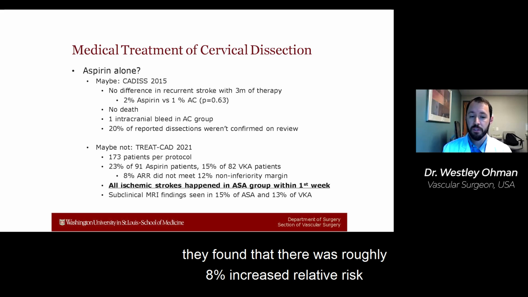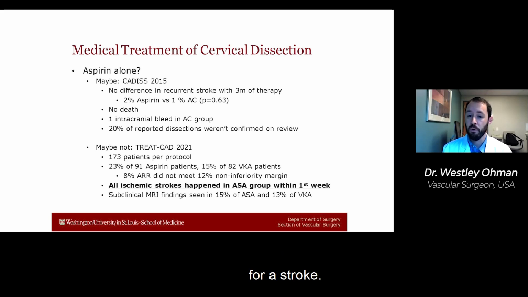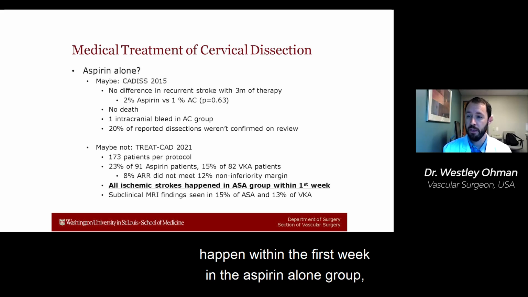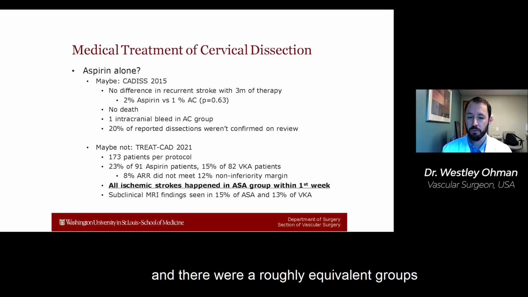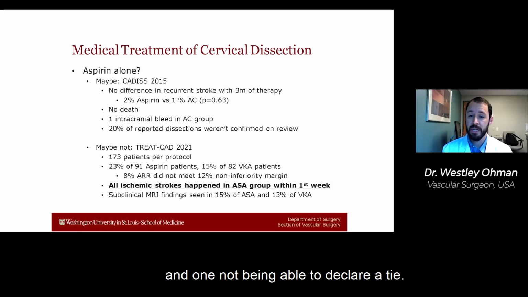There was a roughly 8% increased relative risk of stroke in patients receiving aspirin versus anticoagulation, and most of those strokes happened within the first week in the aspirin alone group. There were roughly equivalent MRI findings between the two. So these two studies kind of conflict, with one not really being able to declare a true winner and one not being able to declare a tie.